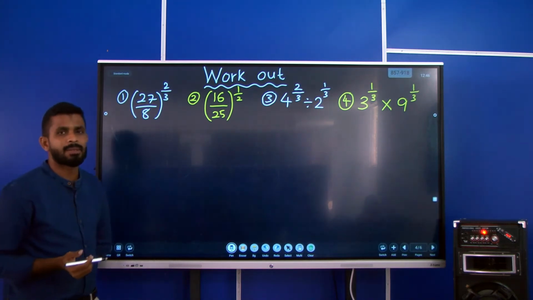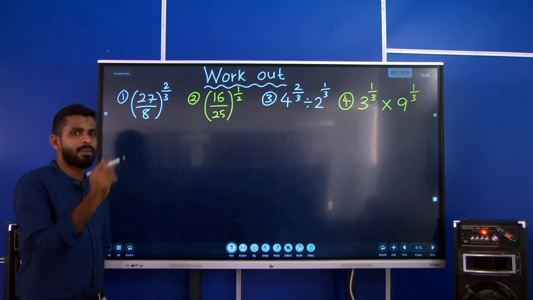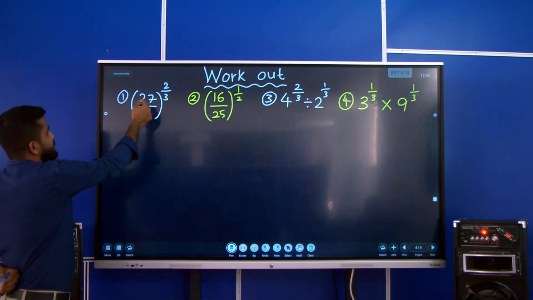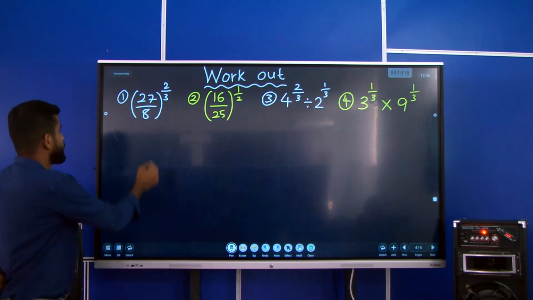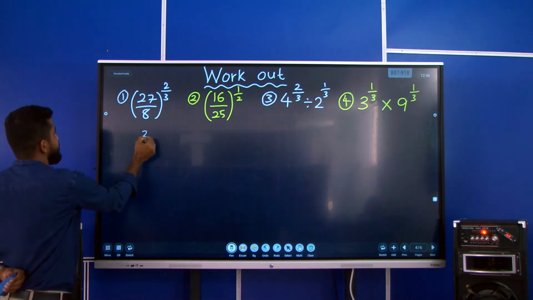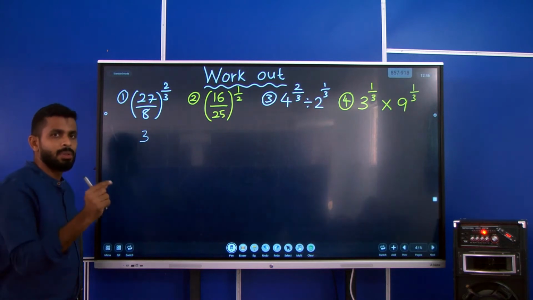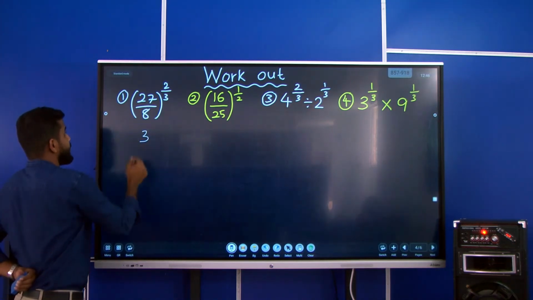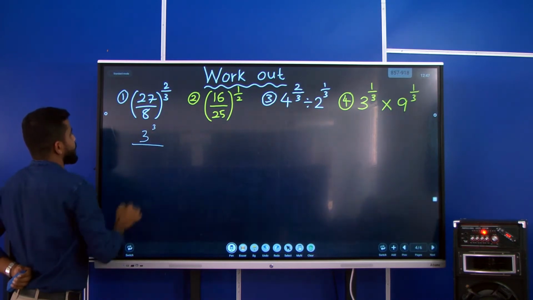Am I supposed to write 3 to the power 3, or as a power of 2? Just check. It's impossible with 2, so I'm going to take 3. 3 to the power 1 is 3, 3 to the power 2 is 9, and 3 to the power 3 is 27. Therefore, I can write 3 to the power 3 divided by 8.